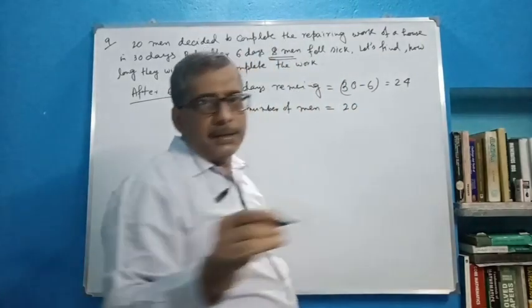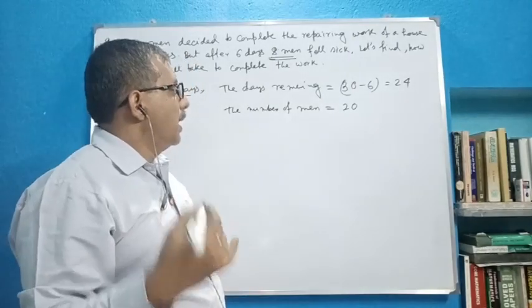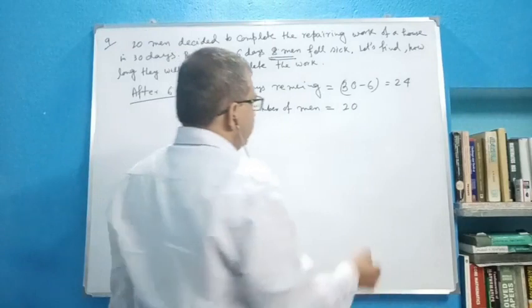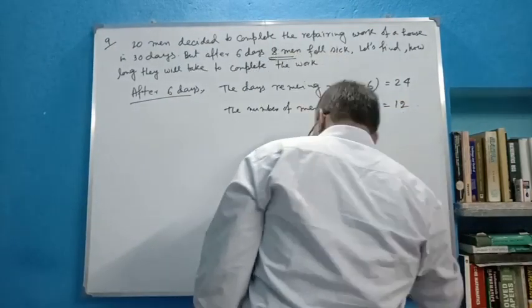Initially, 20 men worked. So the remaining persons, that is 12.